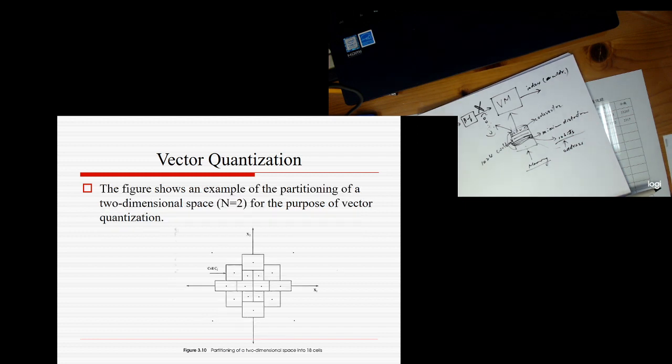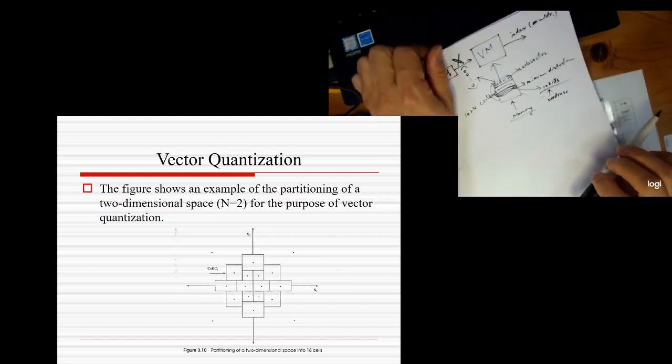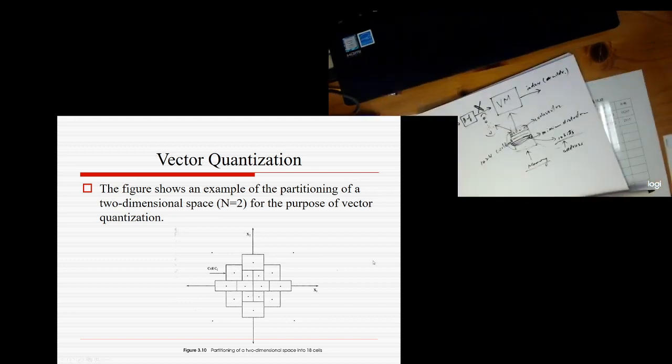So for vector quantization, they give you an example here with a 2-dimension space. You have a 2-dimension vector. We try to cluster this 2-dimension space.